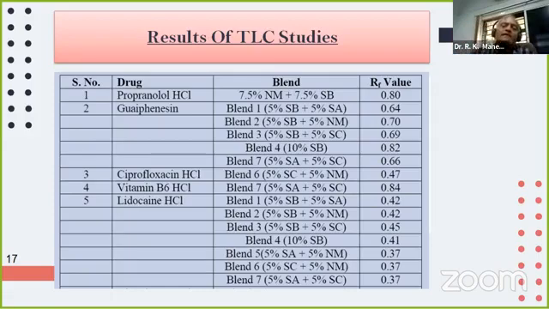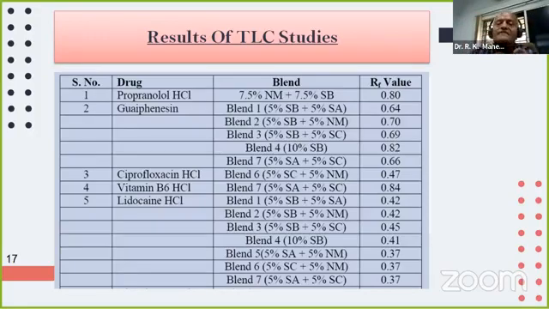In case of propranolol hydrochloride, only one blend was found suitable, having 7.5% niacinamide and 7.5% sodium benzoate aqueous solution, with an RF value of 0.80. The iodine chamber was used for identification of the spot.